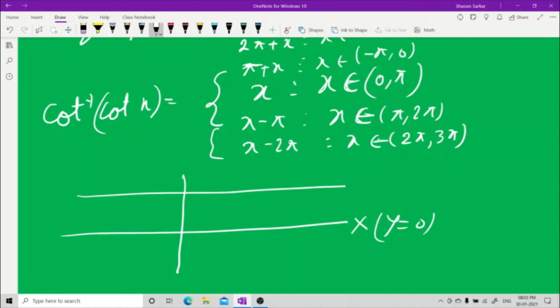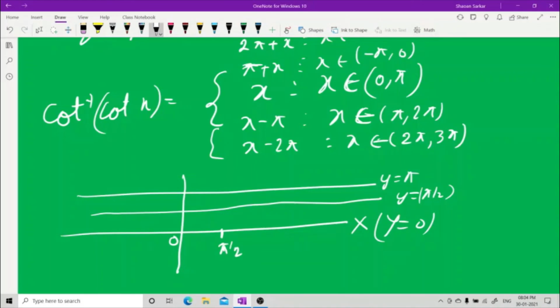This is the line y equal to pi, and this is the line y equal to pi by 2, right? Now what you will draw is this way. This is 0, this is your pi by 2, this is your pi, this is your 3 pi by 2, and this is your 2 pi.